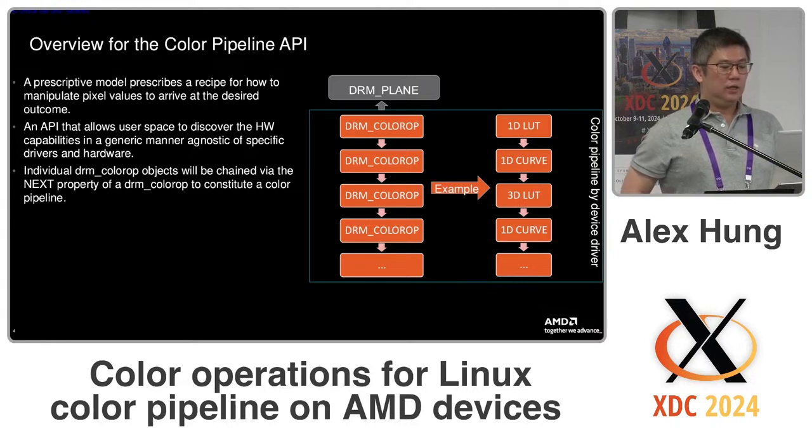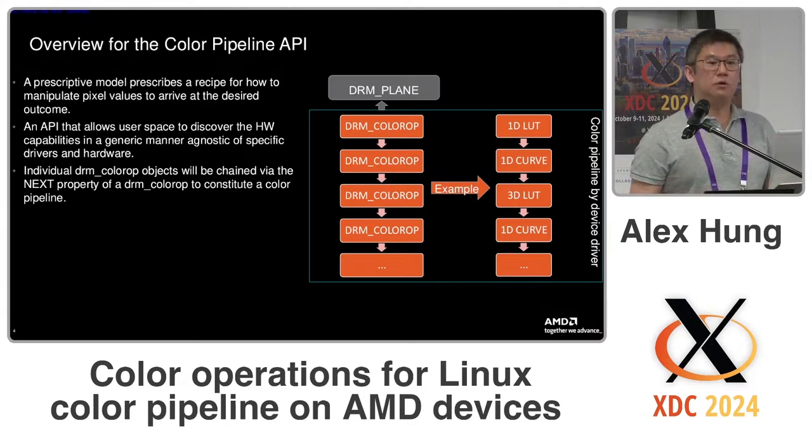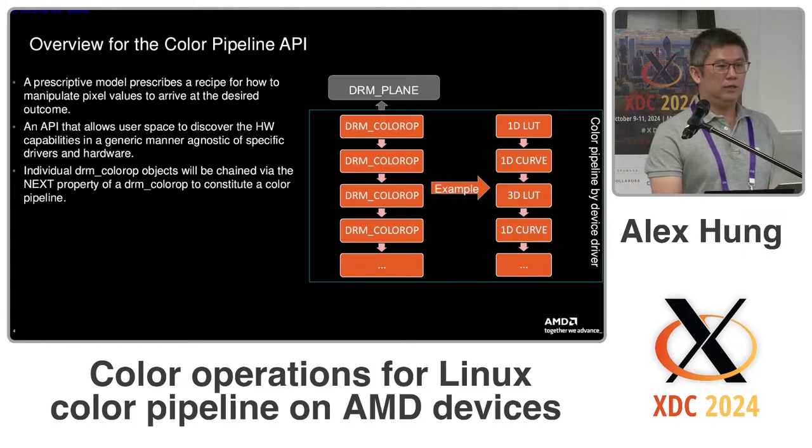The individual DRM color op objects will be chained via the next property of the DRM color op to constitute a color pipeline. As you can see on the screen, a color pipeline is attached to the DRM plane, and on the right is just a dummy example of how a pipeline and the color operations can look.